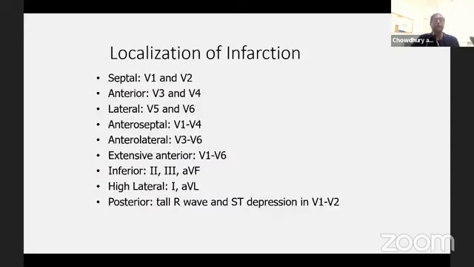So septal is V1, V2, anterior is V3, V4, lateral is V5, V6, and then anterolateral, the whole thing, is V3 to V6, extensive anterior. Inferior is 2, 3, aVF. We'll talk about how to differentiate RCA and circumflex, and then lead 1 and aVL, and the posterior MI, which is really an important issue, and we'll show some case examples.